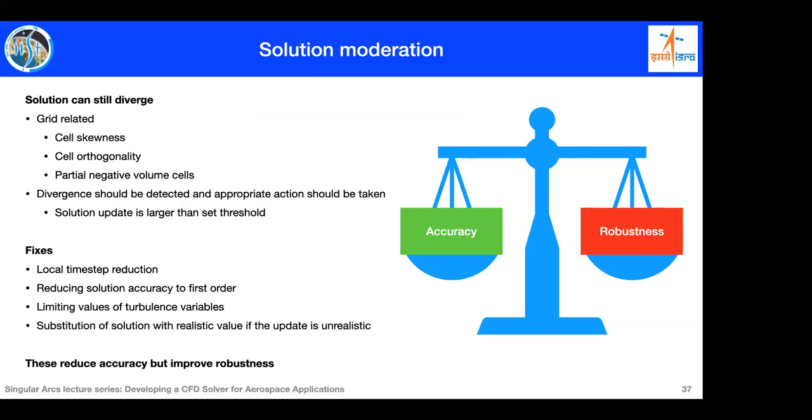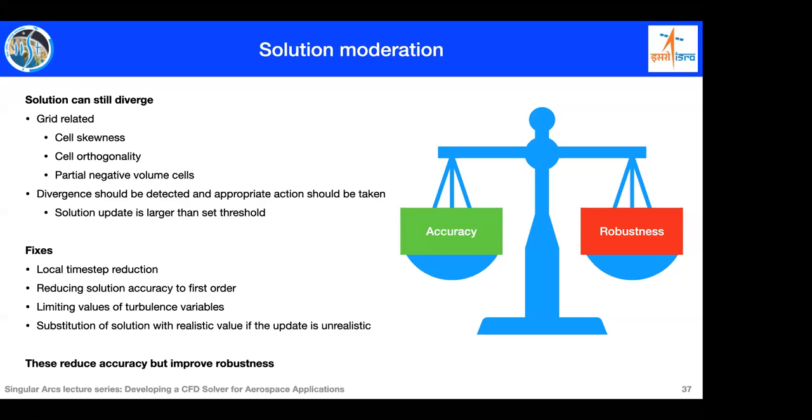There are certain fixes or strategies which are widely available. One is local time step reduction. This is again the CFL number: locally we reduce the CFL or delta T in order to stabilize the scheme. Another way is to reduce the solution accuracy to first order. We don't reconstruct, so there is no chance of oscillations being created, and our scheme will be stable.